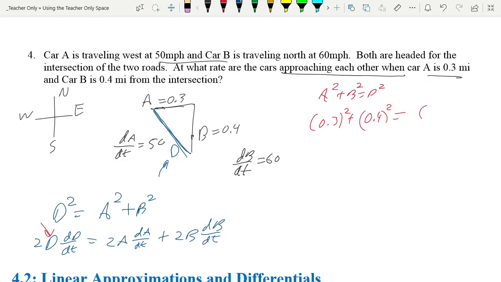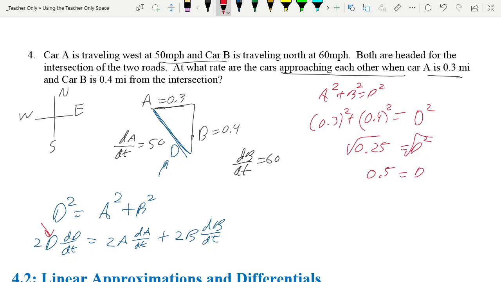So we'll solve for it though. It's a 3, 4, 5 triangle. 0.3 squared plus 0.4 squared is going to equal 0.25 when I add them. Then when I take the square root of that, 0.5 is equal to D.